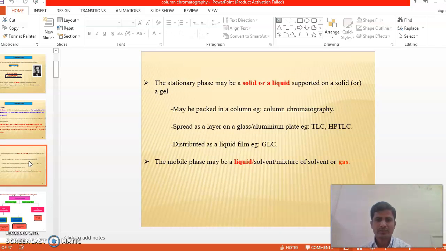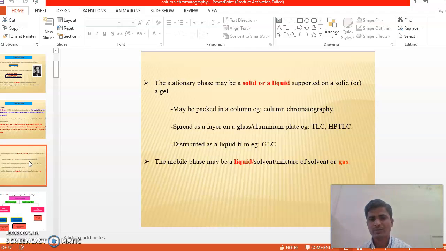Depending upon the type of stationary phase we use, the column chromatography varies. In case of a solid stationary phase, the mechanism is adsorption. When the substance to be separated is passed through the column, the more time it is retained with the stationary phase, the higher is the retention time, and the mechanism uses adsorption.